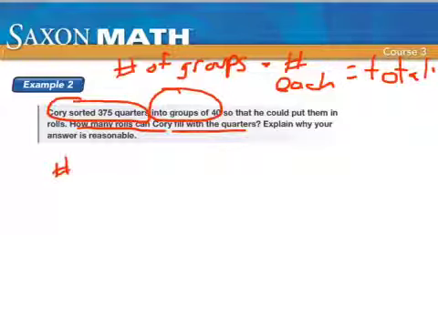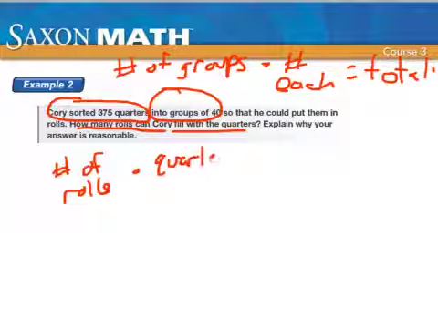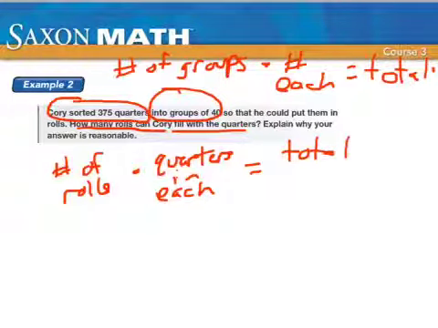So I'm going to have the number of rolls times, instead of the number in each, how many quarters in each roll. And that's going to equal our total. In this case, our total quarters.